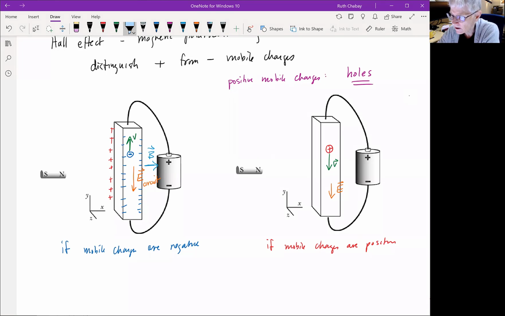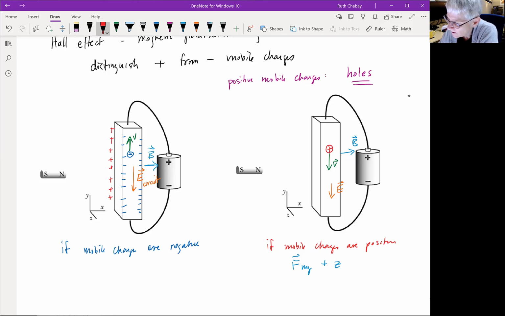We still have this magnetic field in the plus x direction. So let's think about the force on a moving positive charge. V is down, B is in the plus x direction, my thumb sticks out in the plus z direction. So F magnetic is in the plus z direction.